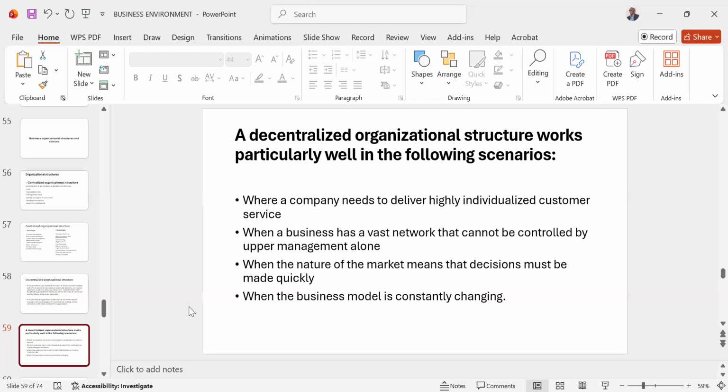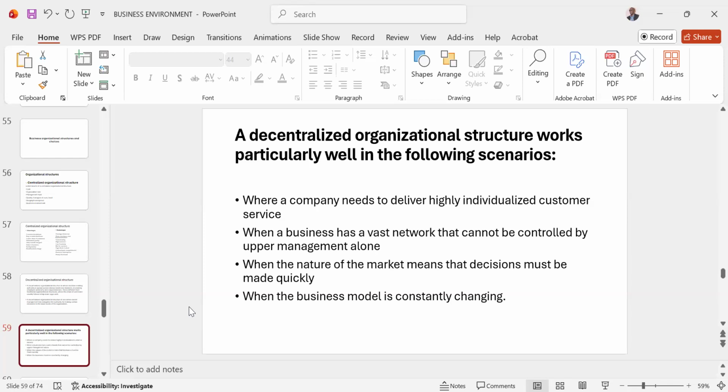This is what we were able to find out about this product. And we need to quickly take action. That decision does not need to wait for hours, such that by the following day, they are what? On top of the task. So, decentralized structure will work in this area as well.